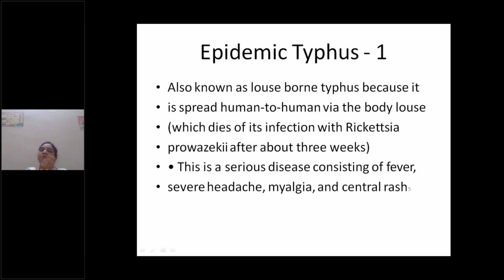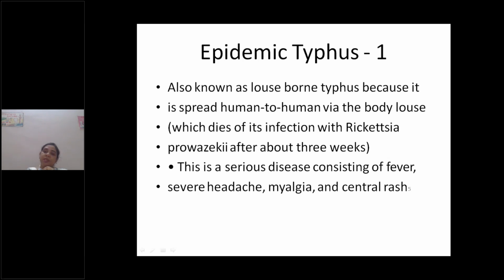After an incubation period of about 4 to 7 days, you can see the common symptoms. After 5 to 6 days, a rash usually appears. However, in epidemic typhus, there will be no rash on the face, the palms, and the soles of the feet. So this is epidemic typhus.